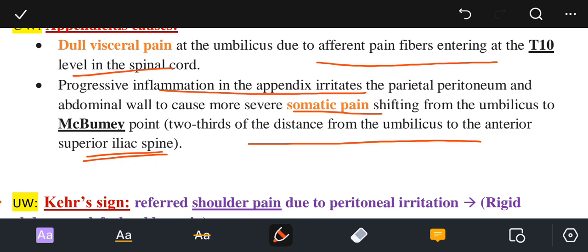If you draw an imaginary line from the umbilicus toward the anterior superior iliac spine and move 2/3 of the distance, we get the McBurney point, which is the point of pain in the later cases of appendicitis.